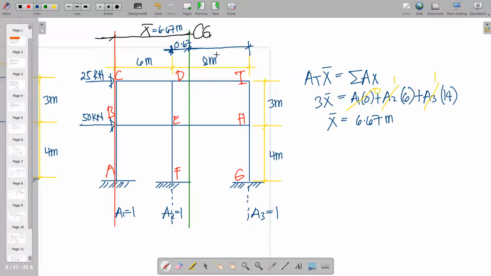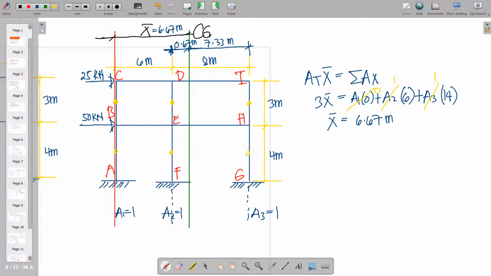We have 7.33 meters. Okay, so that is the first step. And then for the next step, regardless of the unknowns here, I'll just show you the whole procedure.